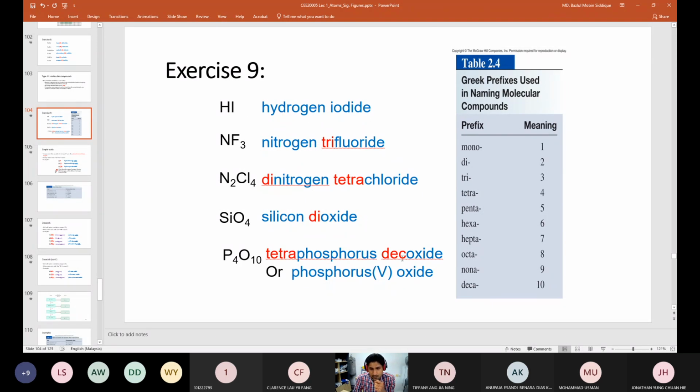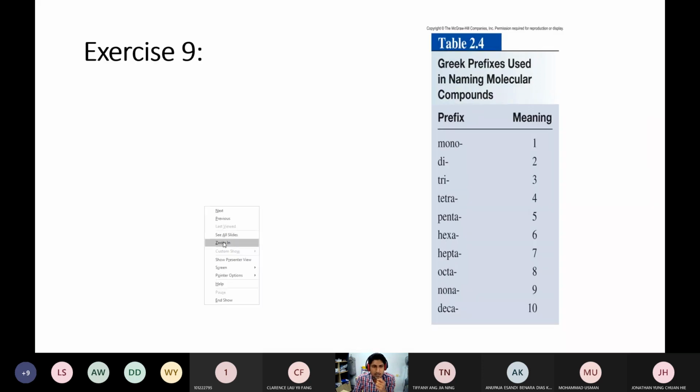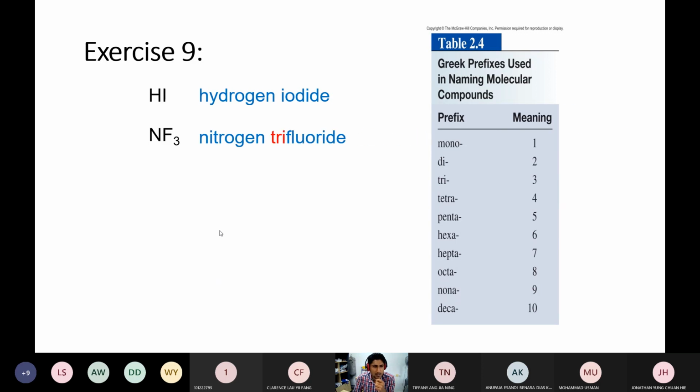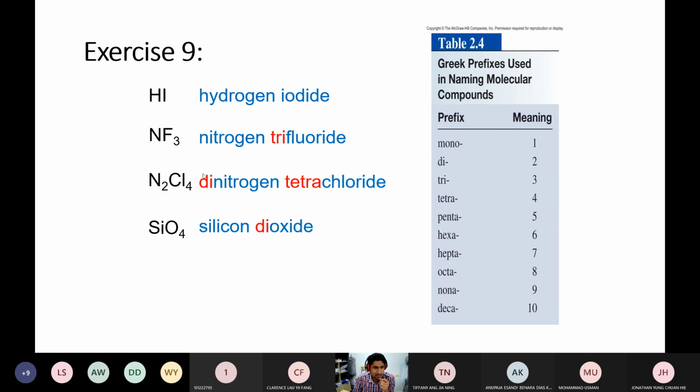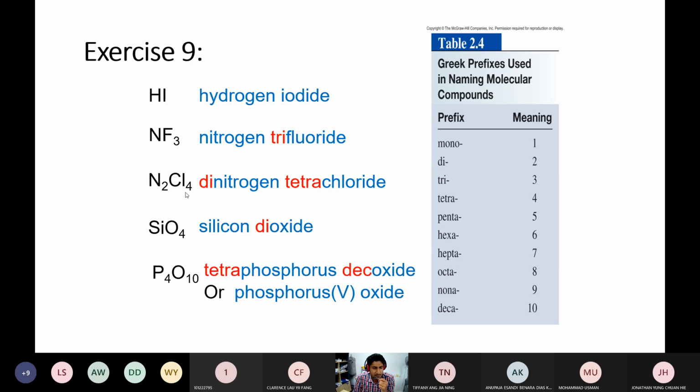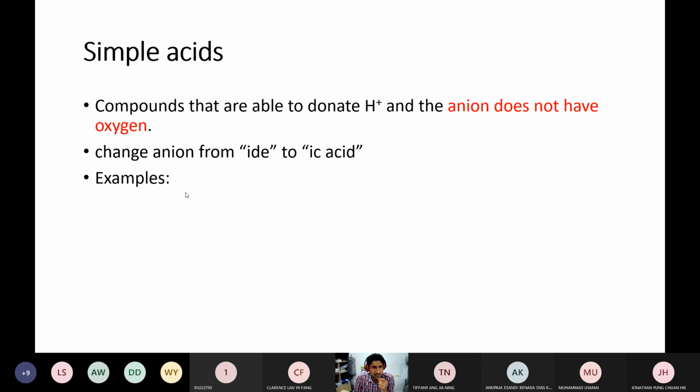So first of all, here hydrogen iodide, nitrogen trifluoride, dinitrogen tetrachloride, silicon dioxide. So here the prefixes will be used in this case.